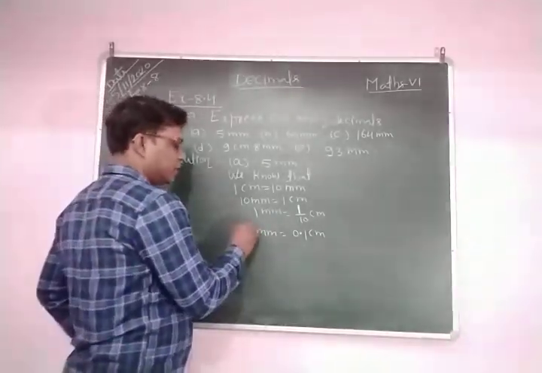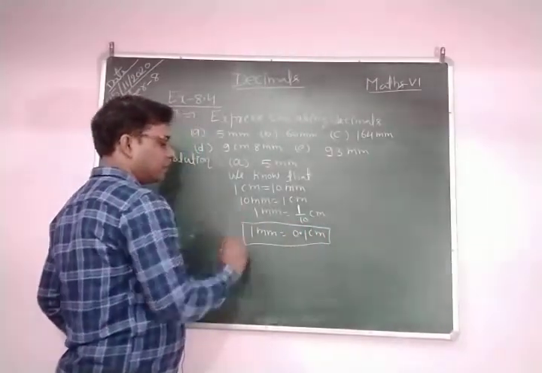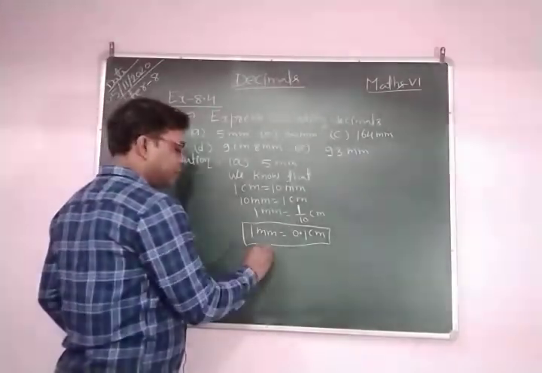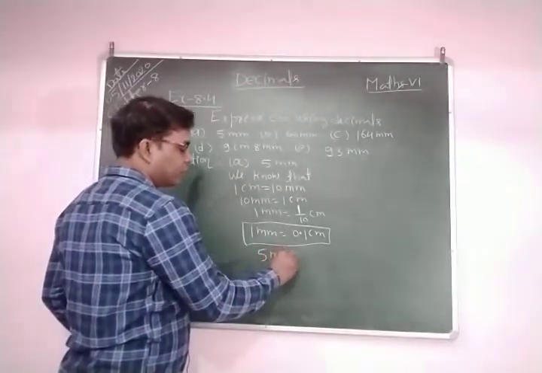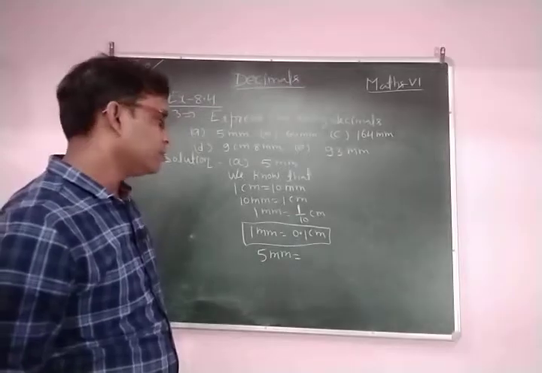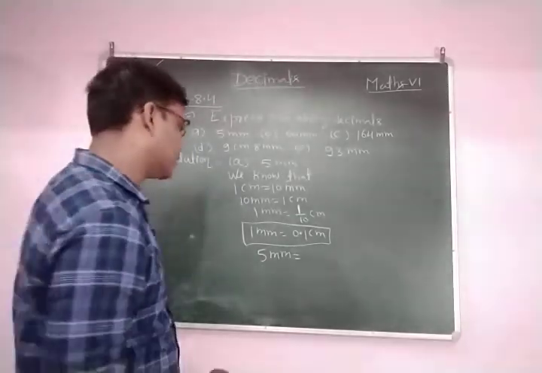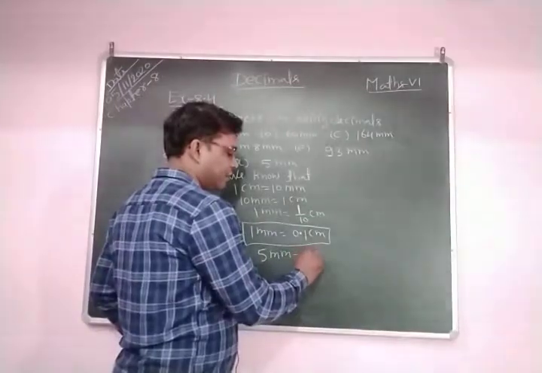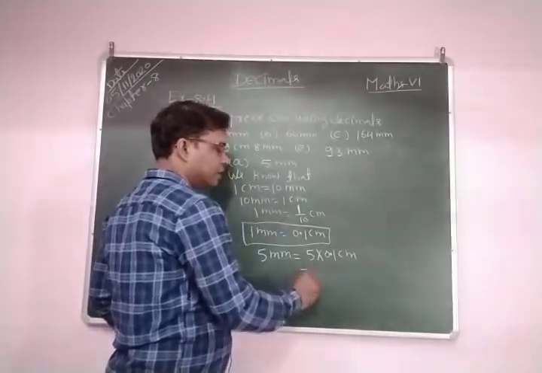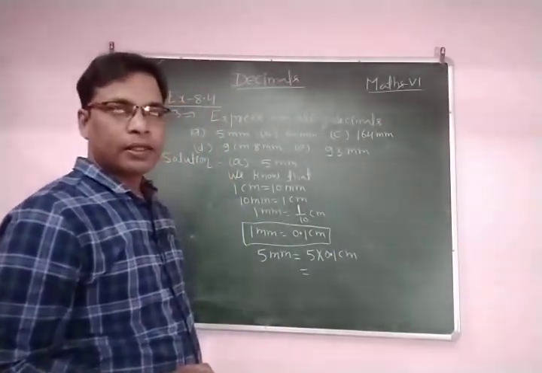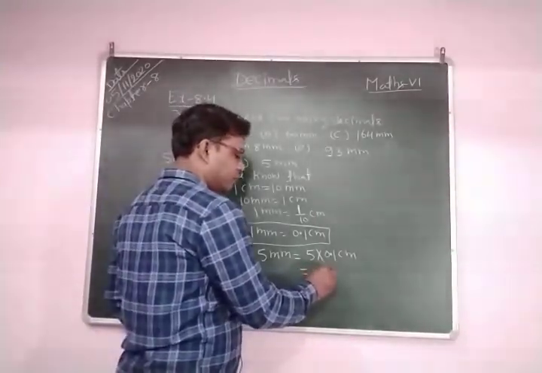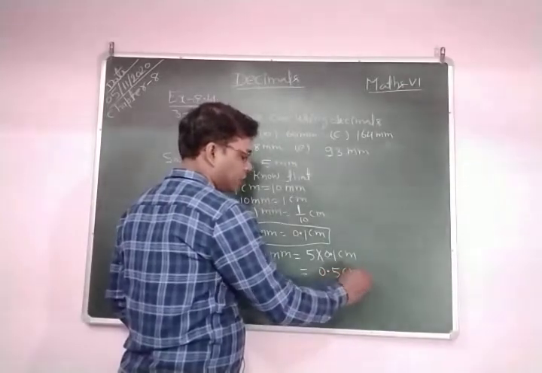You can see this is our relation: 1 millimeter is equal to 0.1 centimeter. So 5 millimeters is equal to how many centimeters? Since 1 millimeter is equal to 0.1 centimeter, you multiply 5 into 0.1 centimeter. 0.1 into 5 is equal to 0.5 centimeters.